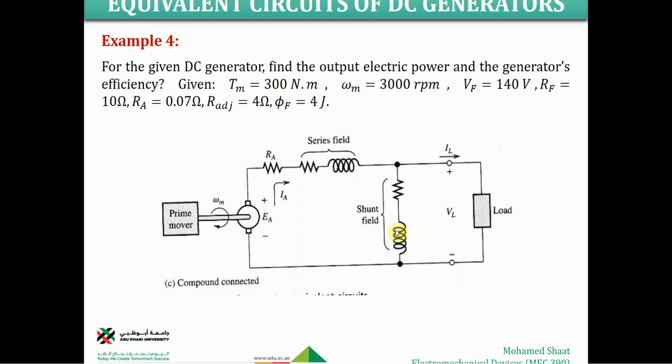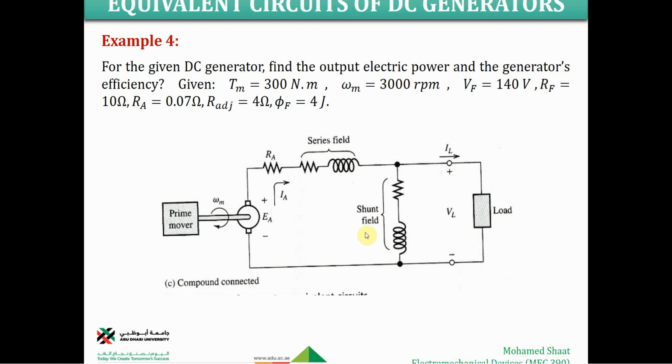So this is a compound connected DC generator, which depends on a series configuration between the field and the armature circuit. We have the armature part and the field part, but we also have another shunt field. So this is the series field and this is the shunt field.